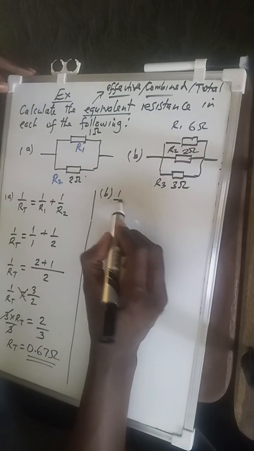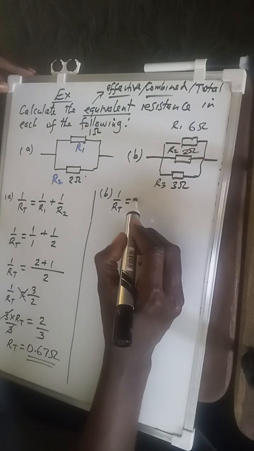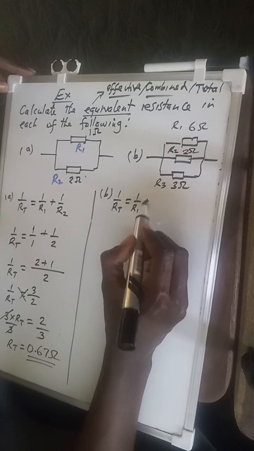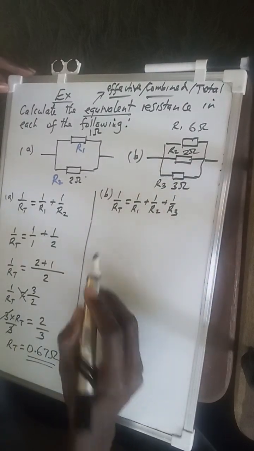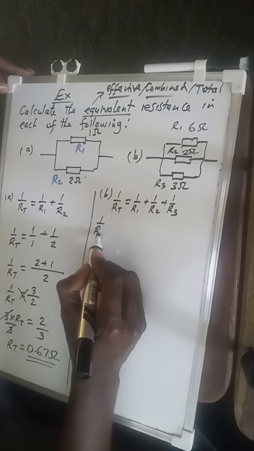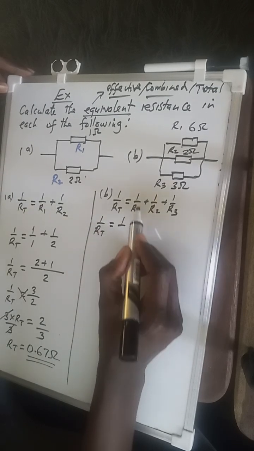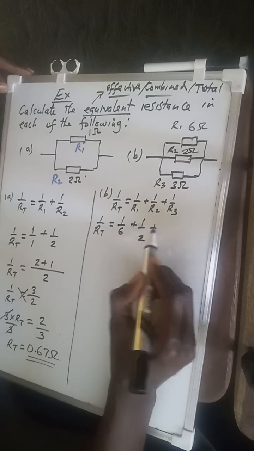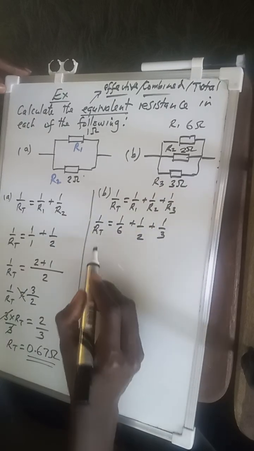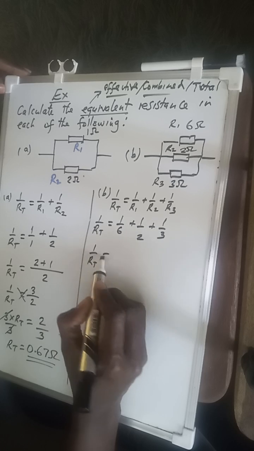So our formula will be 1 over R total is equal to 1 over R1 plus 1 over R2 plus 1 over R3. So it will be 1 over R total is 1 over 6 plus 1 over 2 plus 1 over 3.